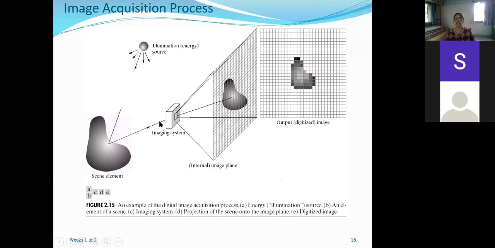Then the image is captured by your imaging system, and this image is stored in a digital format as shown here. If this is an analog device, it is necessary to convert this analog image signal to a digital signal. We will be studying it in more detail in the next lectures.